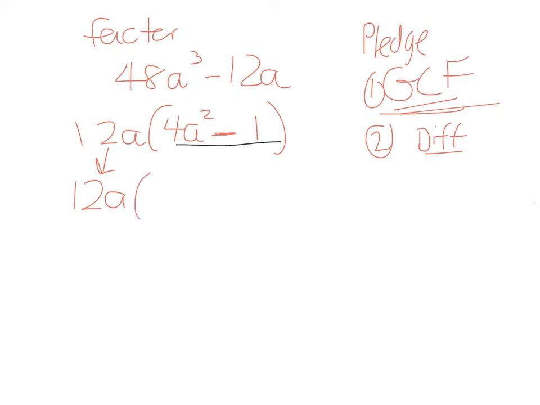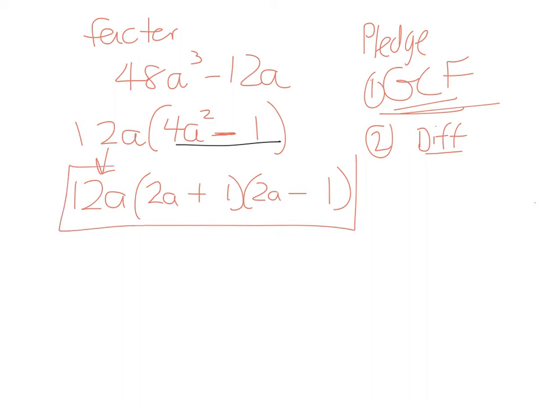Now the 4a squared minus 1 is going to go to 2a and 2a, 1 and 1, with a plus on one, minus on the other. I'm going to look again into the parentheses and see could I factor again. And this time, no. This is as much as I can factor, and that is my whole answer right there.